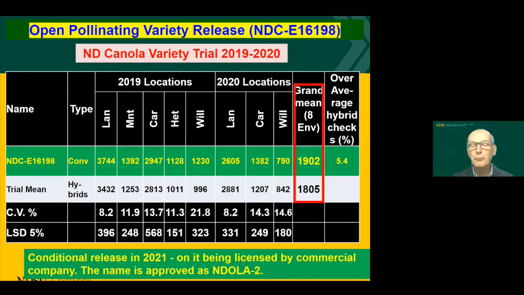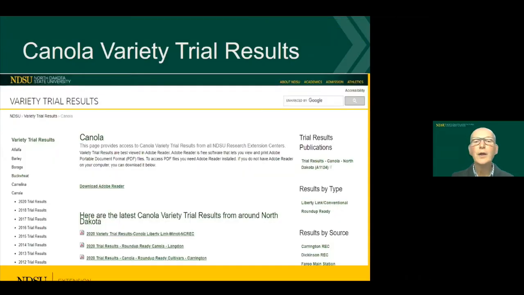So there is a breeding program at NDSU. The other thing that we have been doing for many years is reporting variety results. And the easiest way to find those results is to just Google NDSU variety trials, and then you will get to a page with all the information, and you can then find one of the main crops, canola.